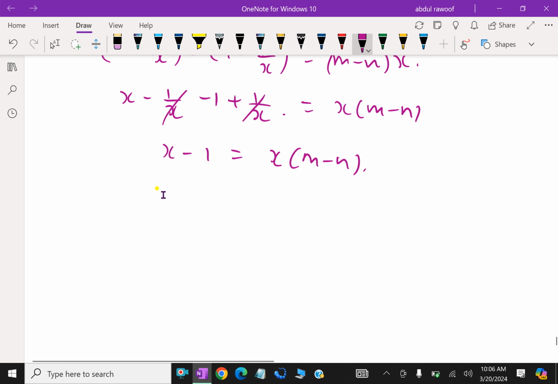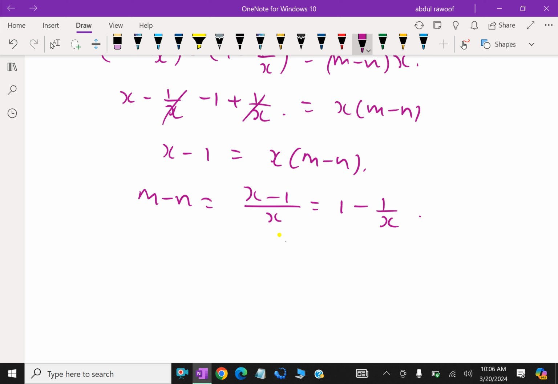From this expression we can get m minus n equal to x minus 1 over x, which is equal x by x is 1 minus 1 over x.